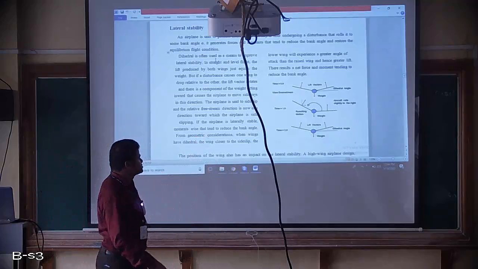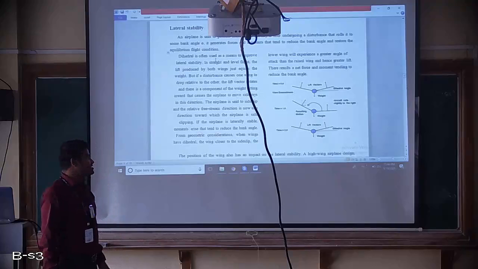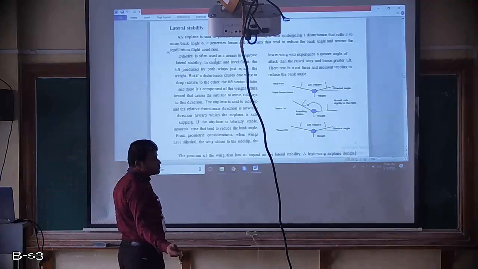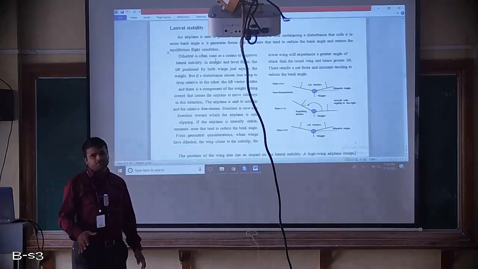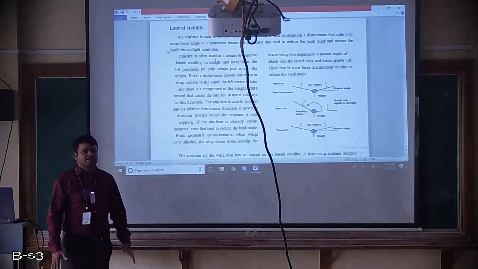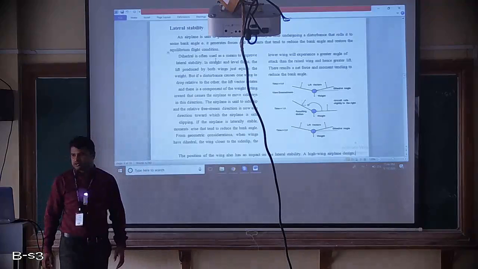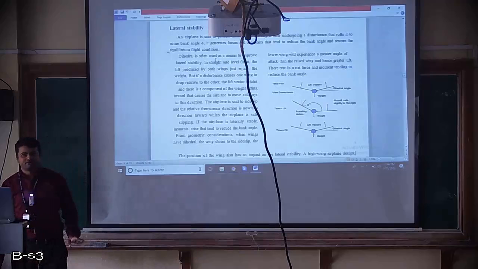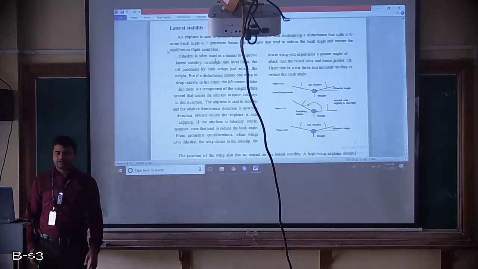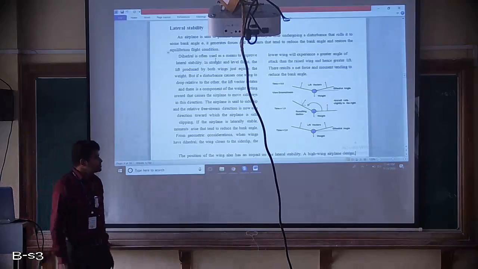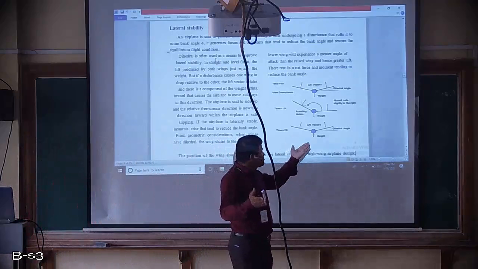So that is called lateral stability of the aircraft, and this can be achieved by using the primary control called ailerons, which will control the rolling movement of the aircraft. Here we can see that the wings are slightly inclined in the upward direction.